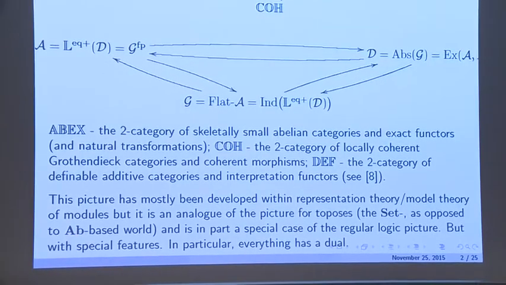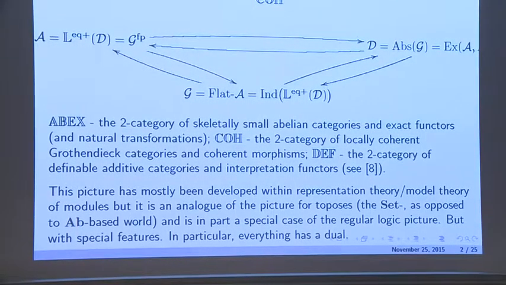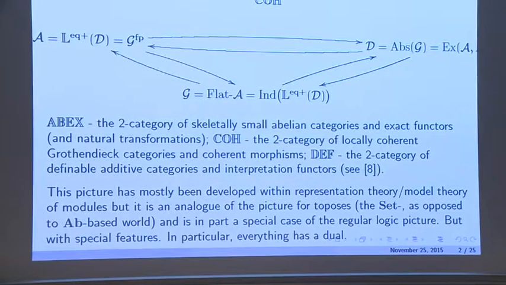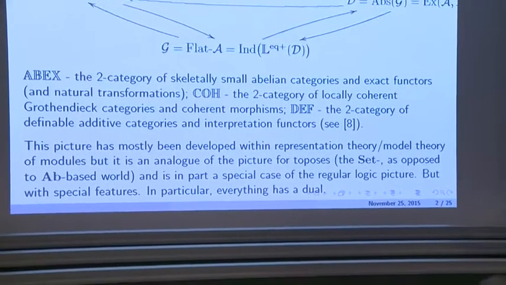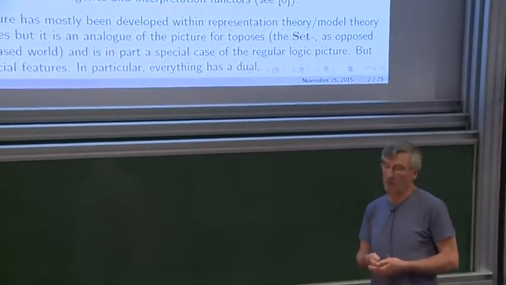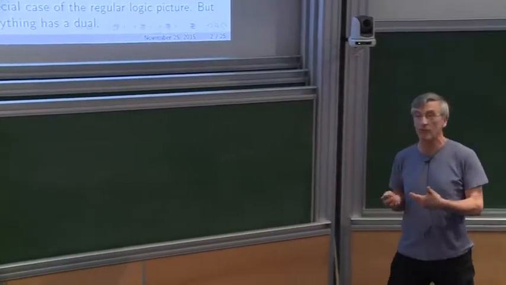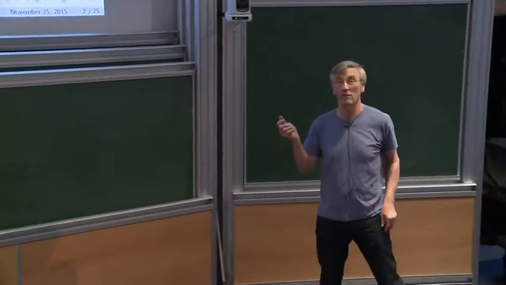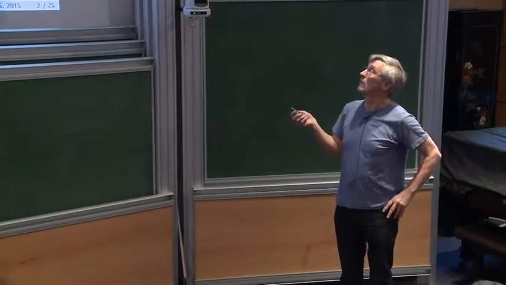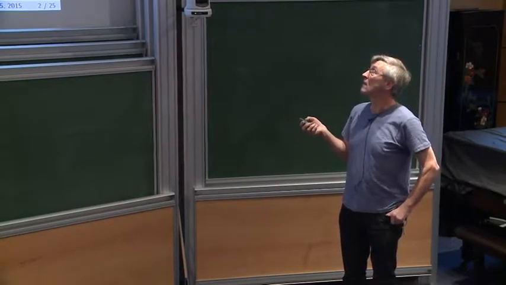So you've seen a picture very like this in the talks on Monday and Tuesday, where they were talking about general toposes and models, and the same situation but for other kinds of logic, in particular regular logic, which is the most relevant one here.